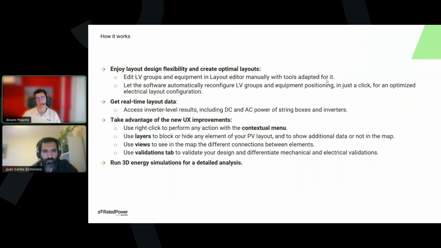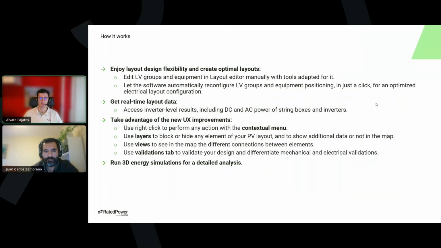But we have also incorporated an option for doing these LV groups in an automated way, so that users will define the medium voltage groups and where elements are being positioned, and we will automatically get the low voltage groups and the position of LV equipment.